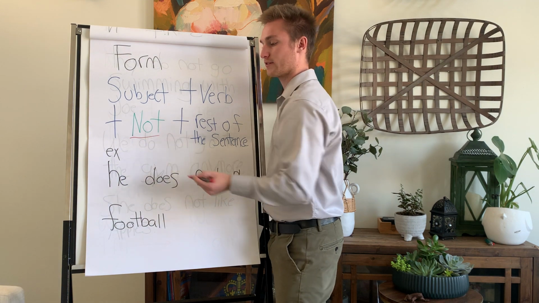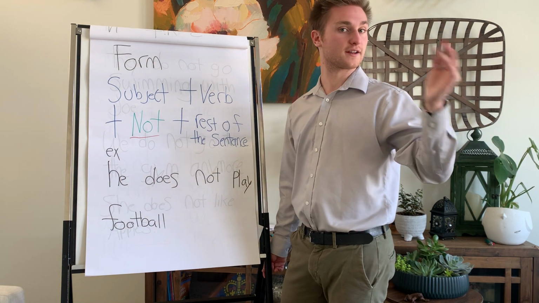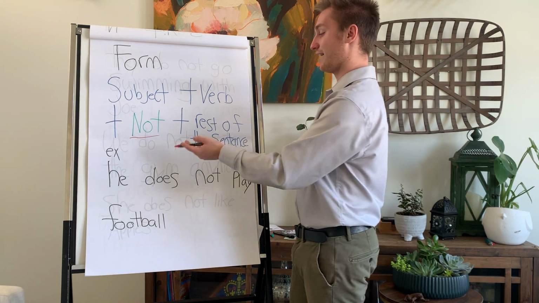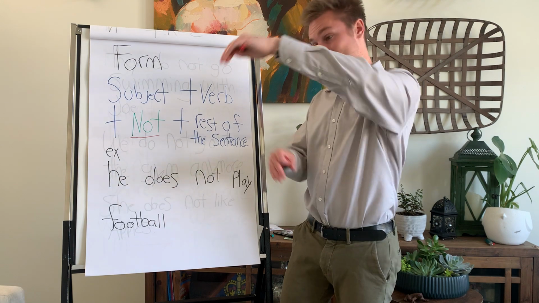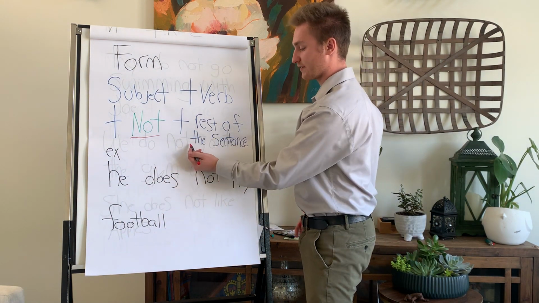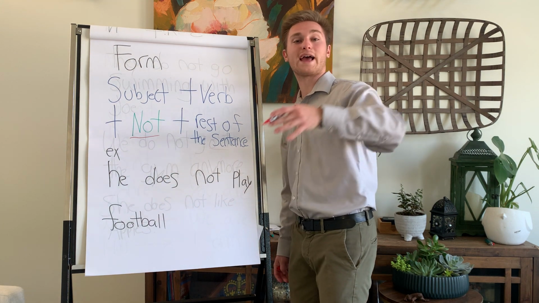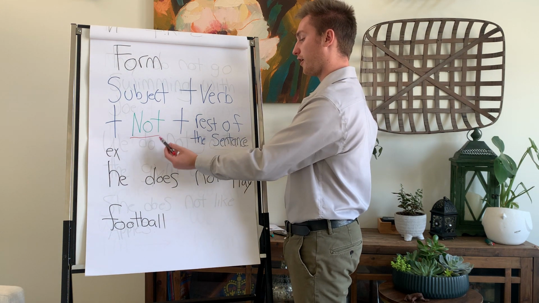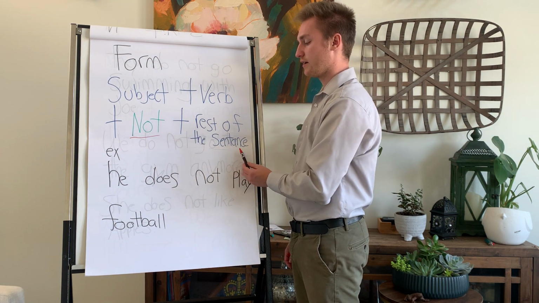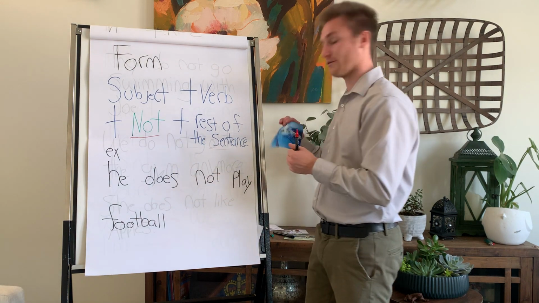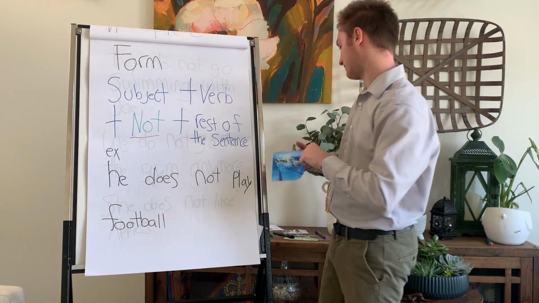We add not. I do not like learning English. I do not like swimming. Finally, the rest of the sentence is what else you are talking about. I do not like swimming. Swimming would be the rest of the sentence. Great.